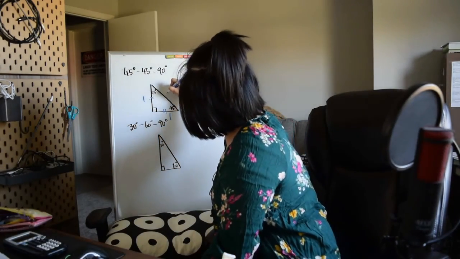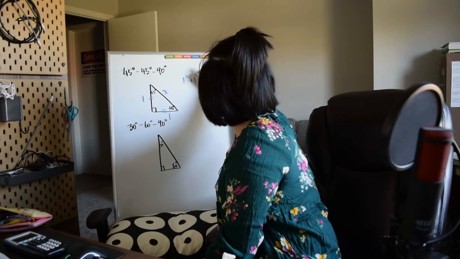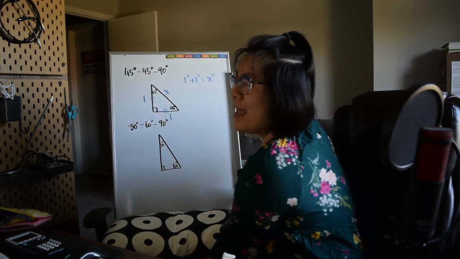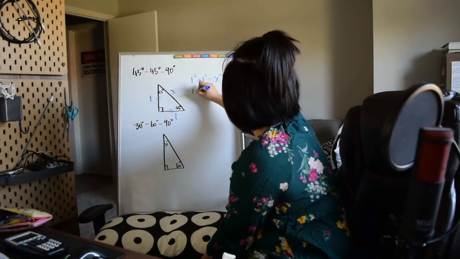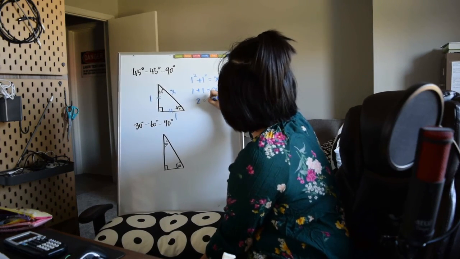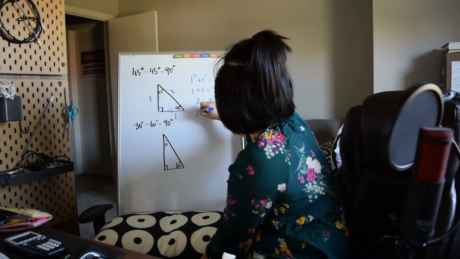You assume this side is x, so you will have 1 squared plus 1 squared equals x squared. Over here you will have 1 plus 1 equals x squared, 2 equals x squared, x equals square root of 2.